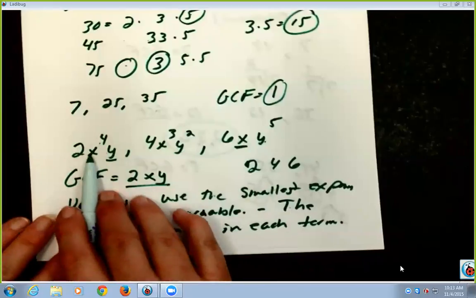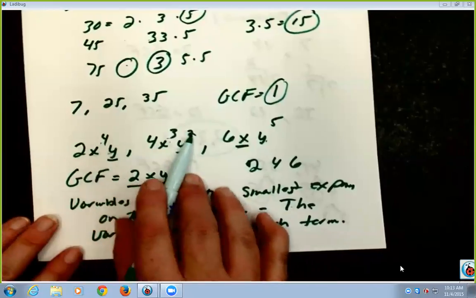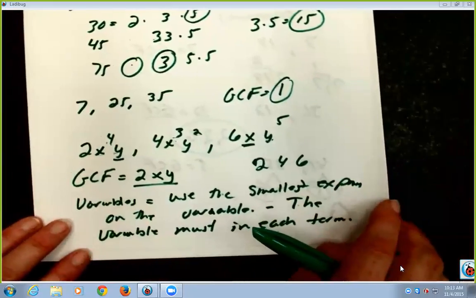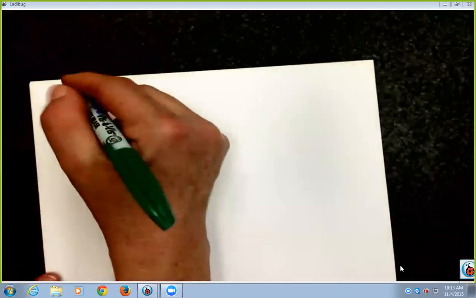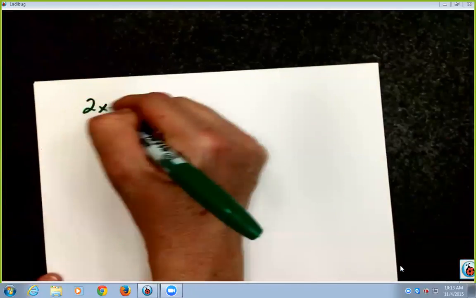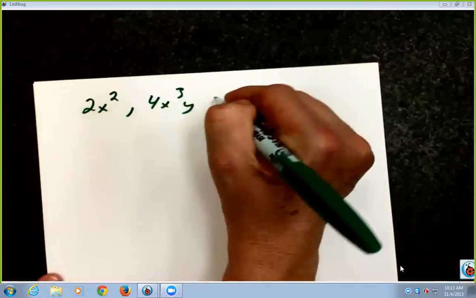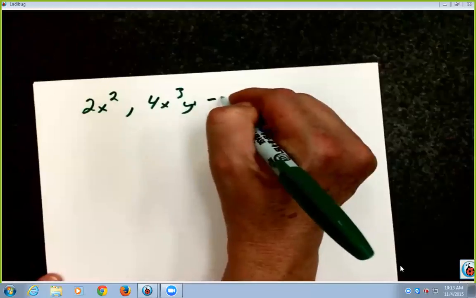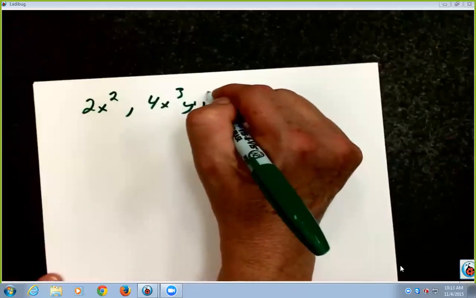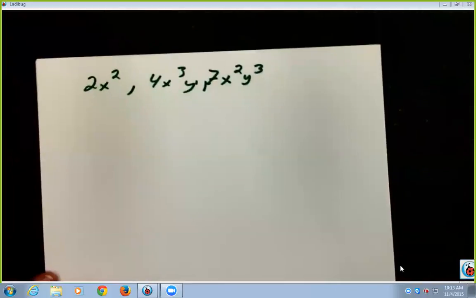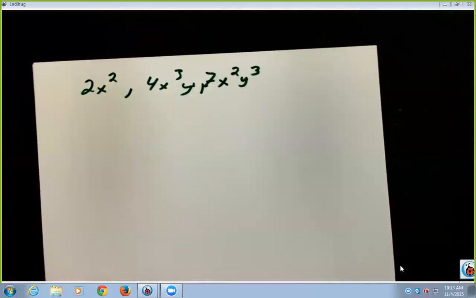So again, variables, always the smallest part on there. Now if you had a similar one, 2x squared, 4x to the 3rd y, 7x squared y cubed, can I pull anything out?